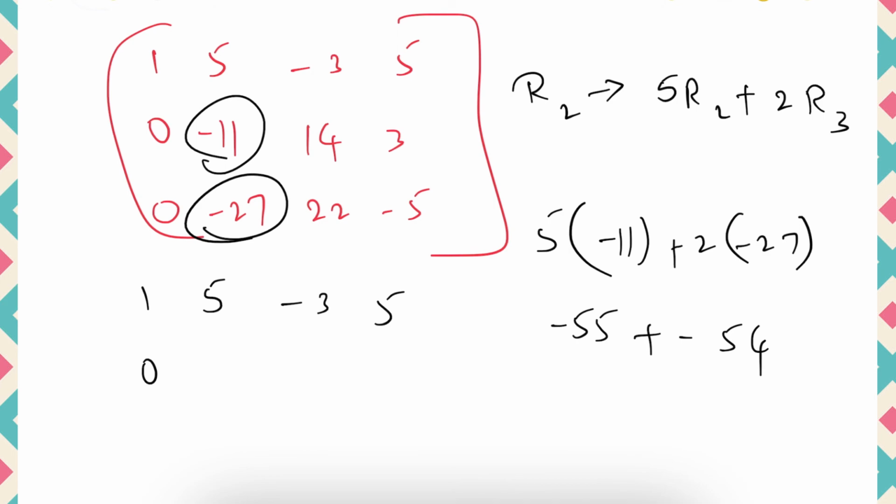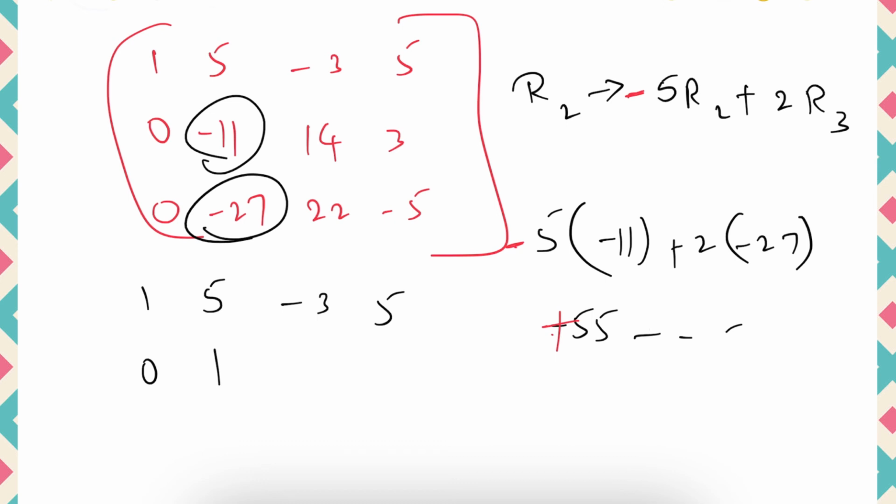Oh, here we are getting both negatives, right? Minus 55 minus 54 means again minus 109 we will get, but we want only plus 1. So for that what I will do is, here in the place of minus 55, if it is plus 55, then it will become okay. So I will write this one then better: minus 5R2 plus 2R3, which is very good now. Okay, plus 55 minus 54 is nothing but 1. Write that 1 here. Okay, done.